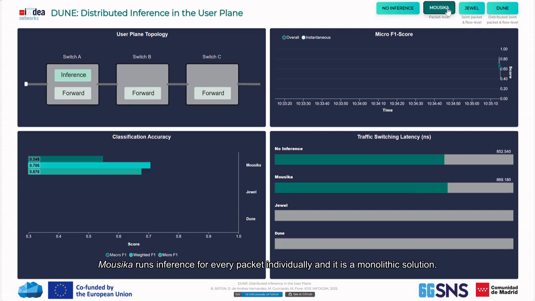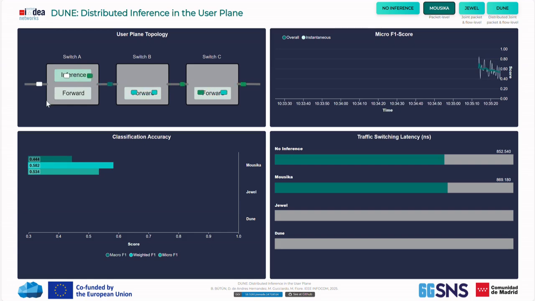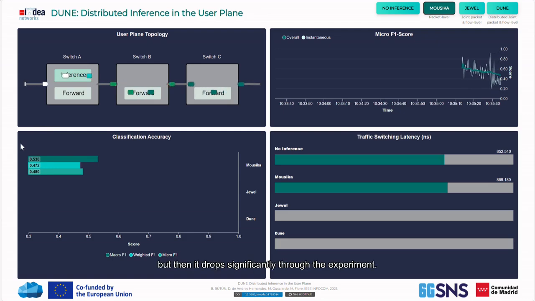Musica runs inference for every packet individually, and it is a monolithic solution. The classification results per packet are shown with different colors in the animation. The micro F1 score of Musica starts around 70%, but then it drops significantly through the experiment.